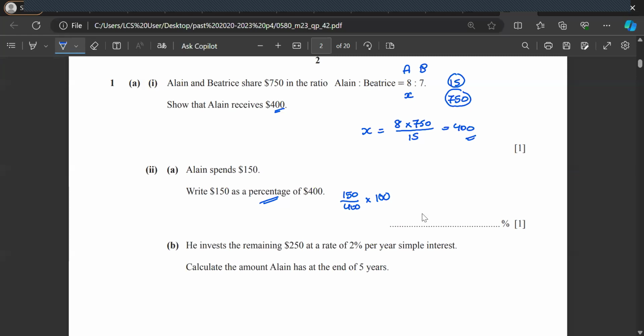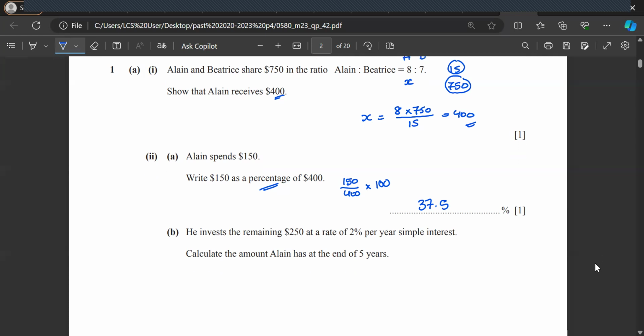So here I'm going to do this, and it will be 37.5%. Now he invests the remaining 250 at a rate of 2% per year, simple interest. So what is the rule of simple interest?